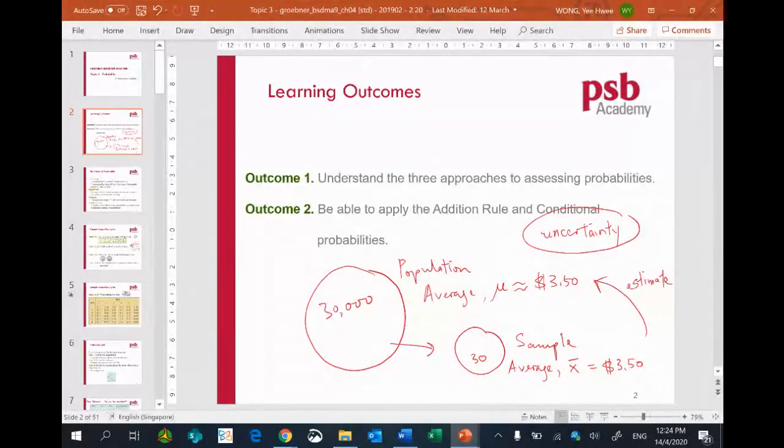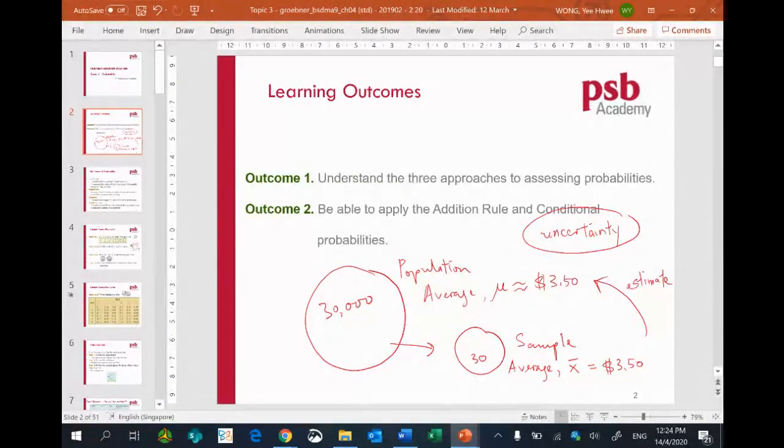It may be $4 or it may be $3. Okay, right. So when this uncertainty comes in, then we have to dive into another concept in statistics, which we call probability. So this topic will be touching something called probability.